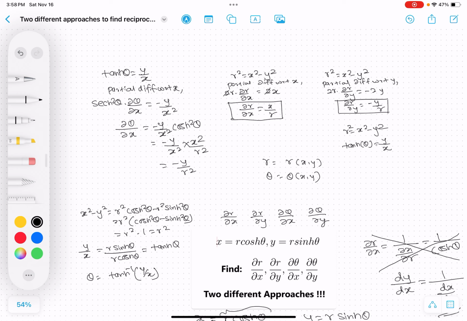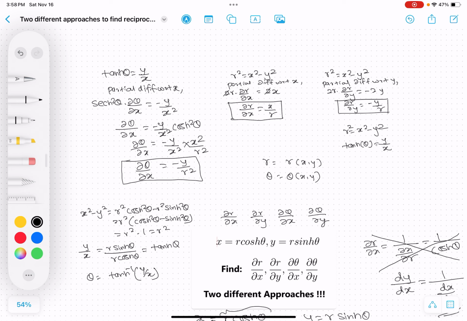So this is our partial theta by partial x, right?